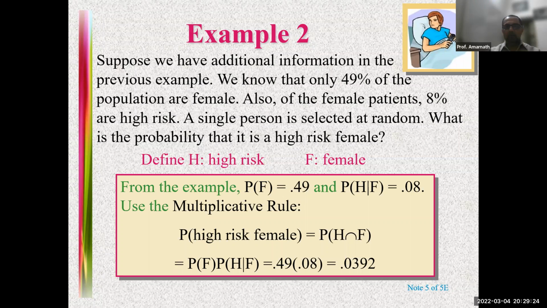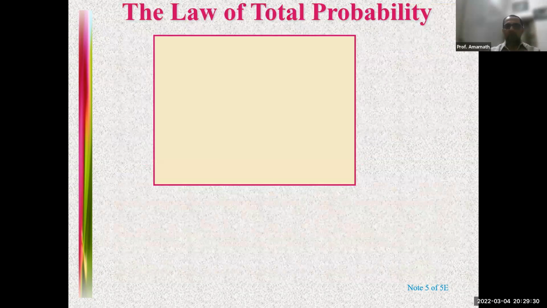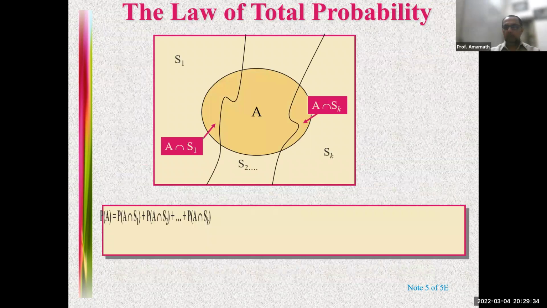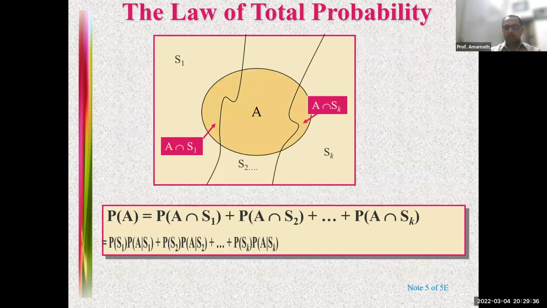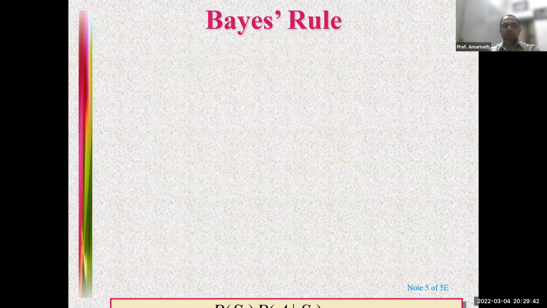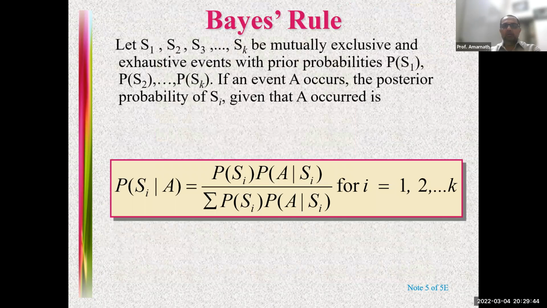Law of total probability. Bayes' rule. We start with sample events S1, S2, up to SK, which are mutually exclusive and exhaustive events with prior probabilities.